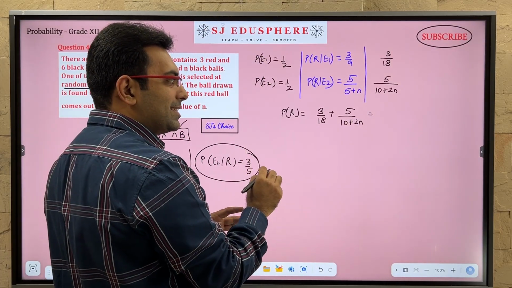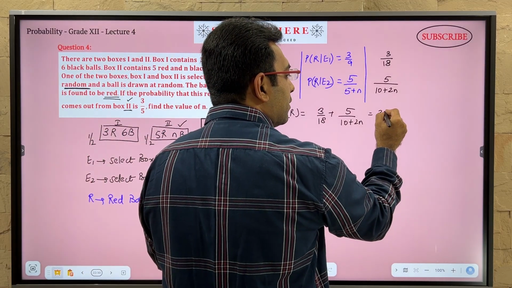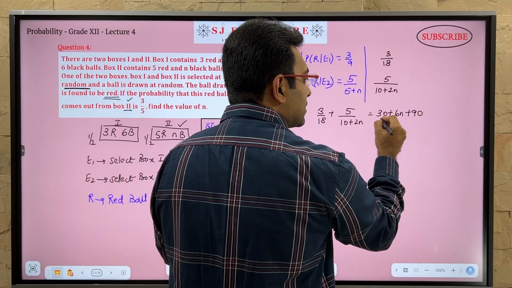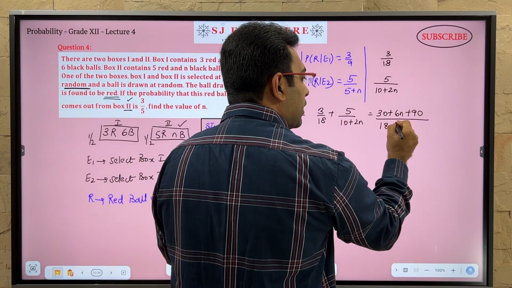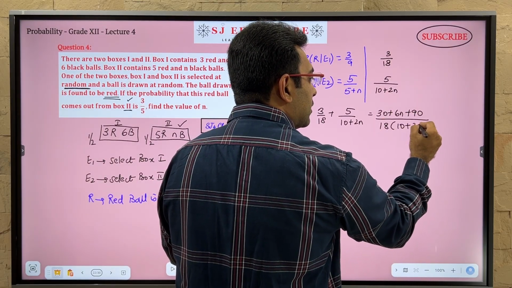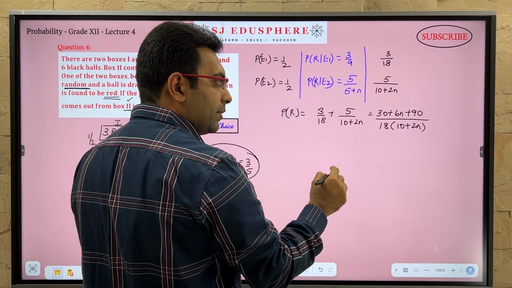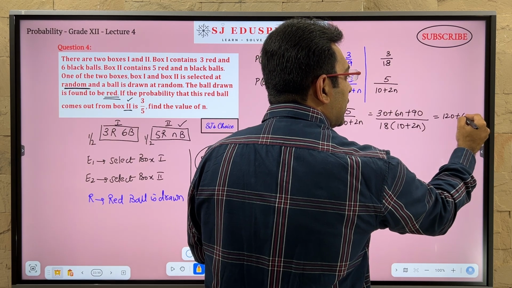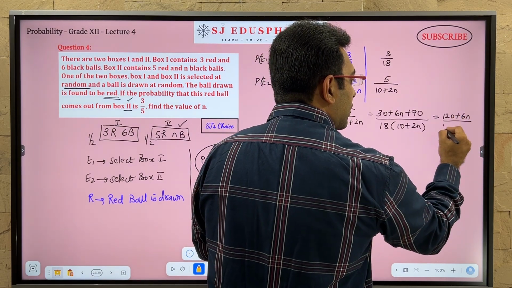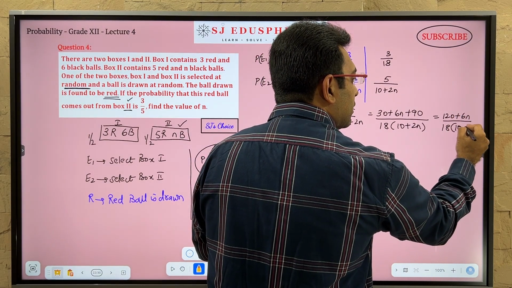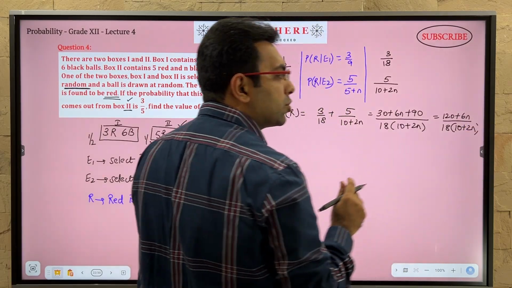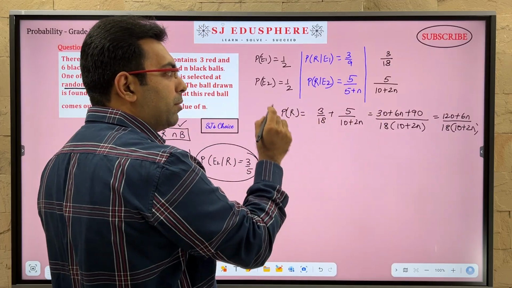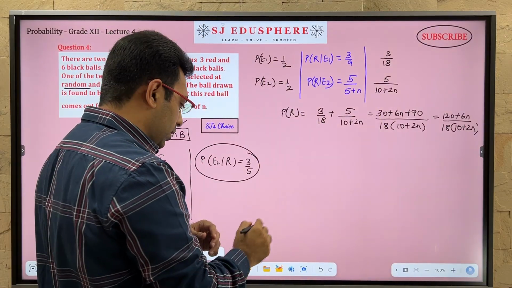If I take the LCM, will I have 30 plus 6n plus 90 upon 18 times 10 plus 2n, which comes over here as 120 plus 6n upon 18 times 10 plus 2n. We'll cancel the fractions later. This is your probability of R, the column total.